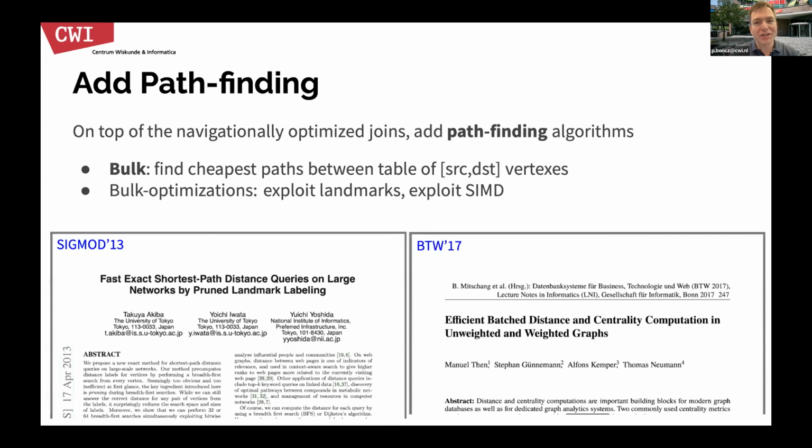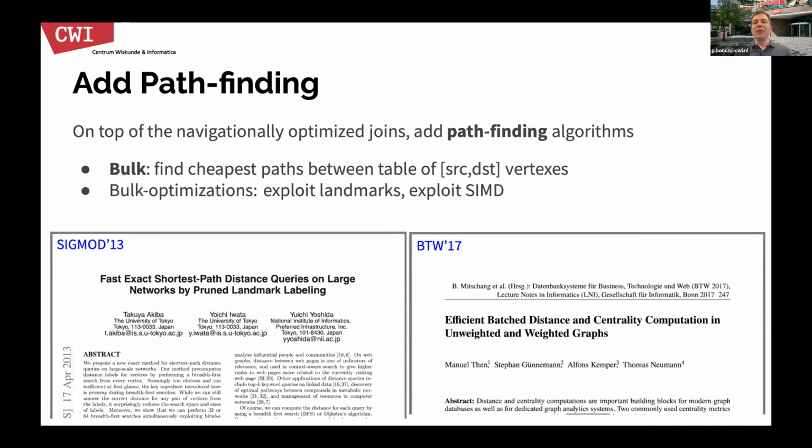But what is important if you add a pathfinding algorithm like Dijkstra or Bellman-Ford is that it is a bulk algorithm. Because in these graph query languages, they will do this pathfinding between typically two variables that are in such a pattern matched block. And so the general case will be that you have many bindings for the source pattern and many bindings for the destination pattern.